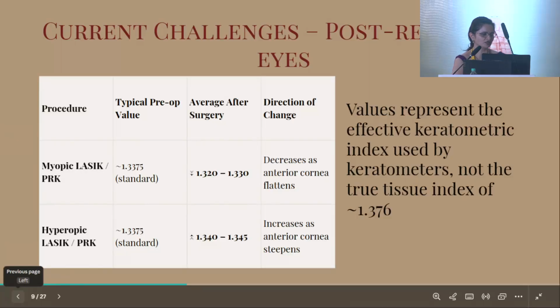Once the patient undergoes myopic ablation, the average reduces to 1.32, and in hyperopic it increases. So the direction of change is decreasing and increasing in myopic and hyperopic respectively, although we are now going to true K, the measured true posterior K instead of these estimations.